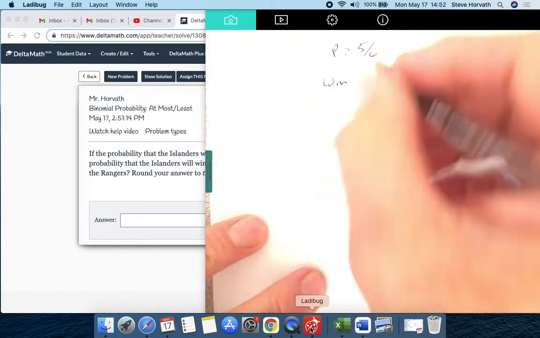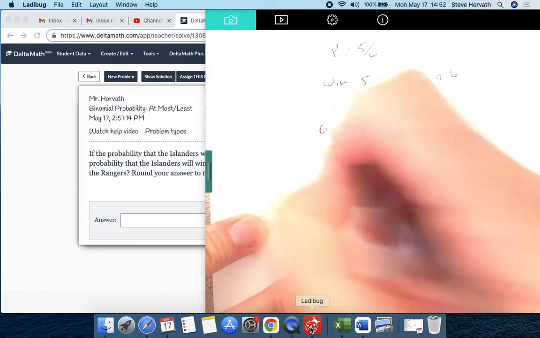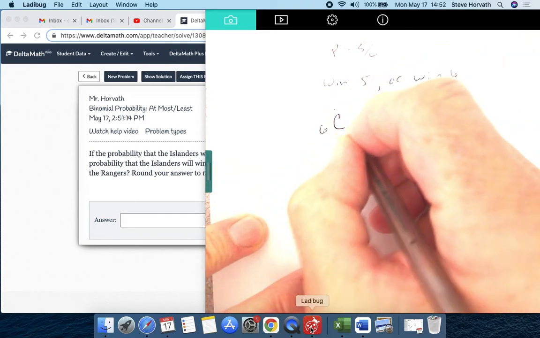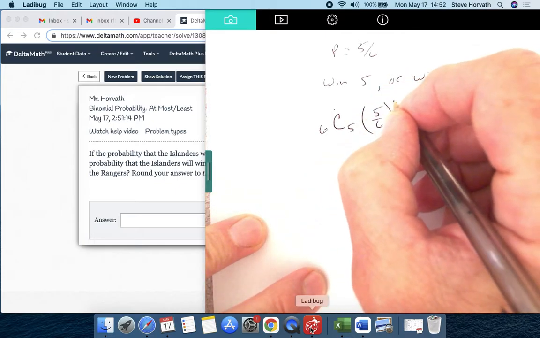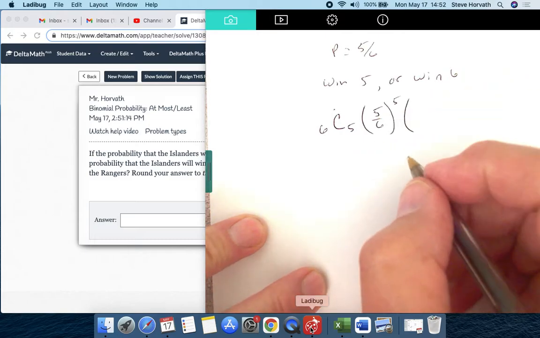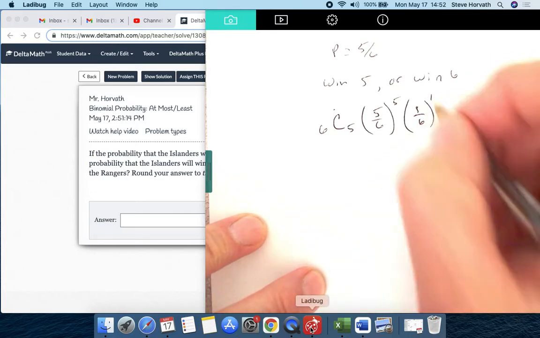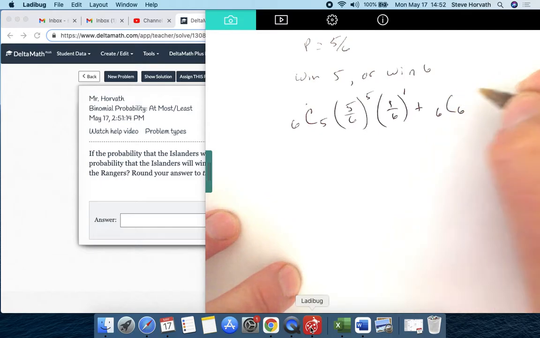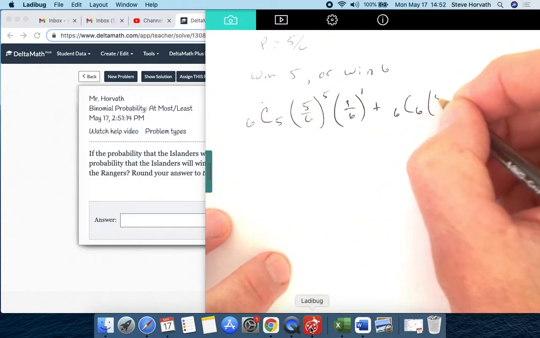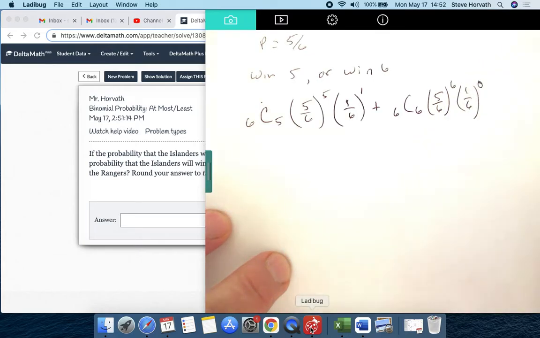So we would take the probability for 5 out of 6: they're playing 6 games, we win 5, the probability of winning is 5 out of 6 and we want that to happen 5 times. But if 5/6 is the probability of winning, there's a 1 out of 6 chance of losing, and that would happen once. Then we'd add that to 6 choose 6 of 5/6 happening every time, and 1/6 happening 0 times. That's how we had to do it before.